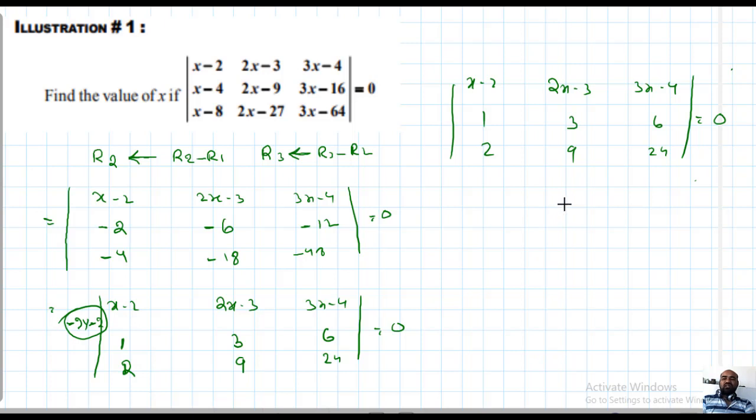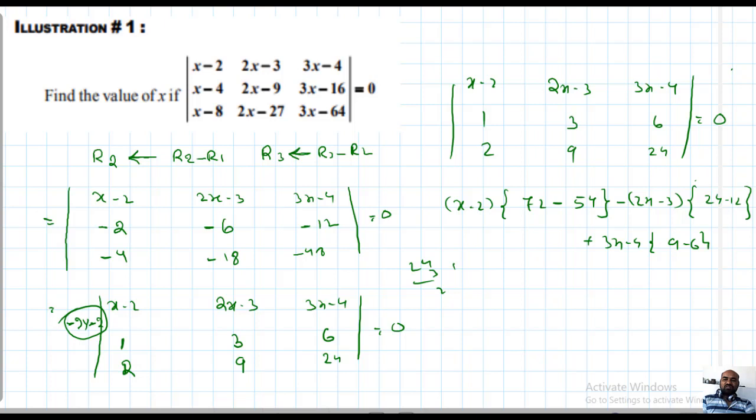So here you can find directly: x minus 2 into 24 times 3, that is 72, minus 54, minus 2x minus 3 into 24 minus 12, plus 3x minus 4 into 9 minus 6, should be 0.